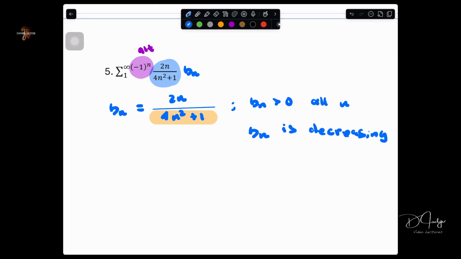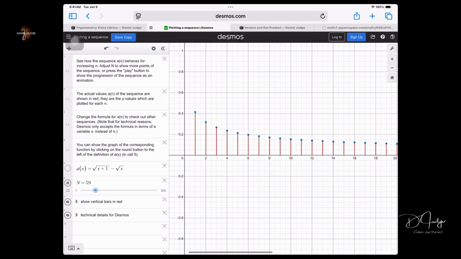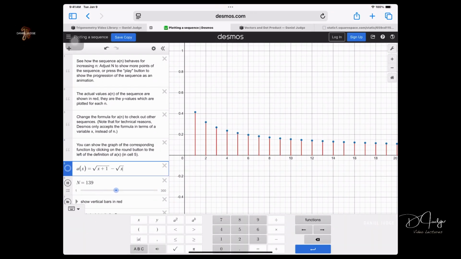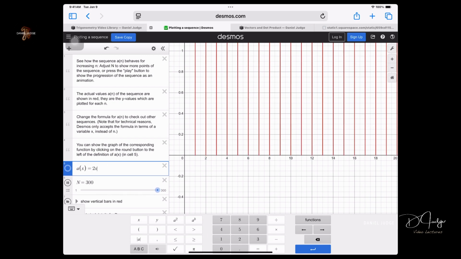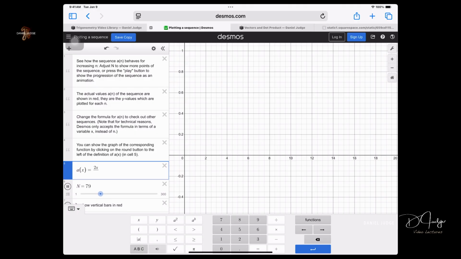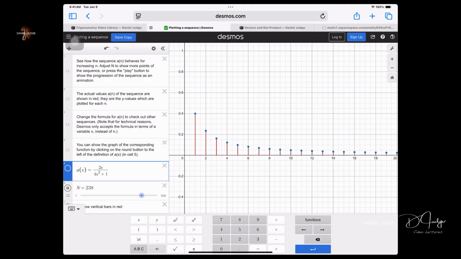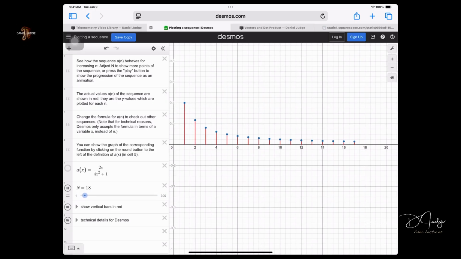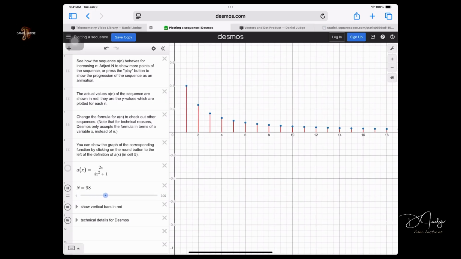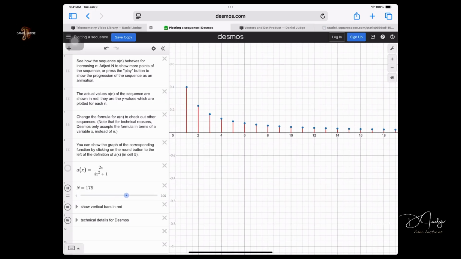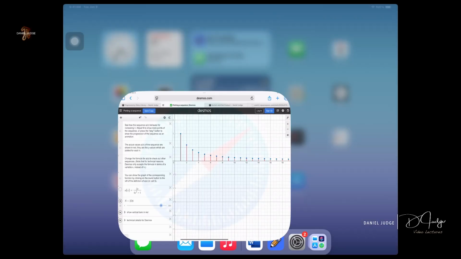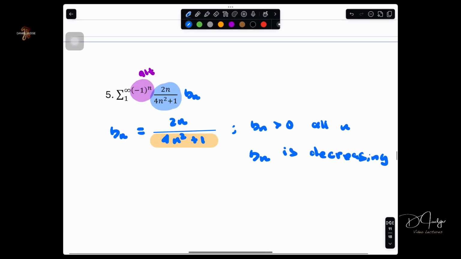So 2n over 4n squared plus 1, and as you guys can see in Desmos, that's sure enough exactly what's happening here. So we got a decreasing series. All right, good.